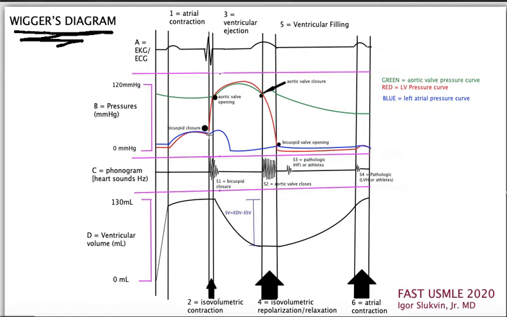But since the sudden closure of the bicuspid valve, all of that blood that was filling the left ventricle hits the bicuspid valve, and it adds pressure, but then the pressure goes down during atrial relaxation.